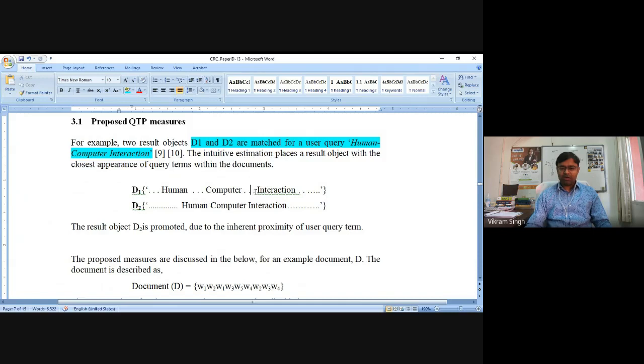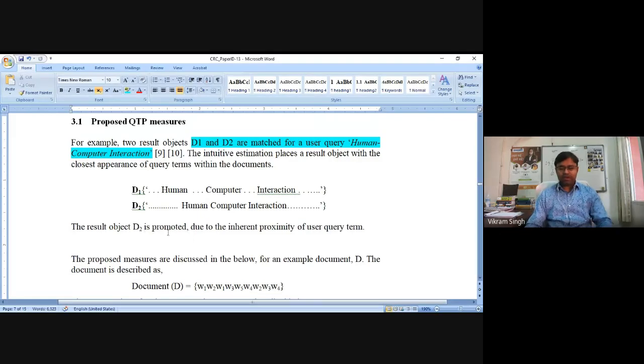The dotted objects show that there are other words or text available within these terms. And the second document has occurrences of these three terms in one single position, right? So it is very intuitive that D2 should appear in a higher order of relevance, in the top 1, top 2 or top 3, something like that, right? So the result object D2 is promoted. That's what the effect should be, right?